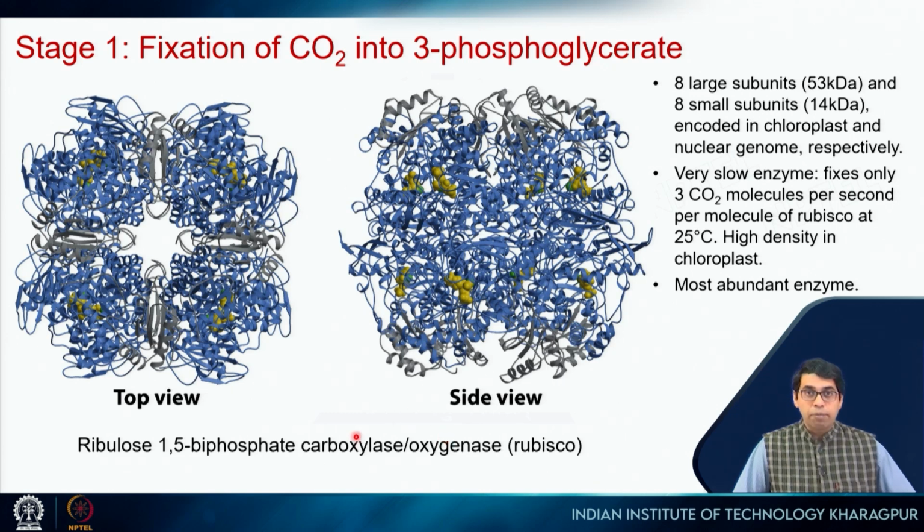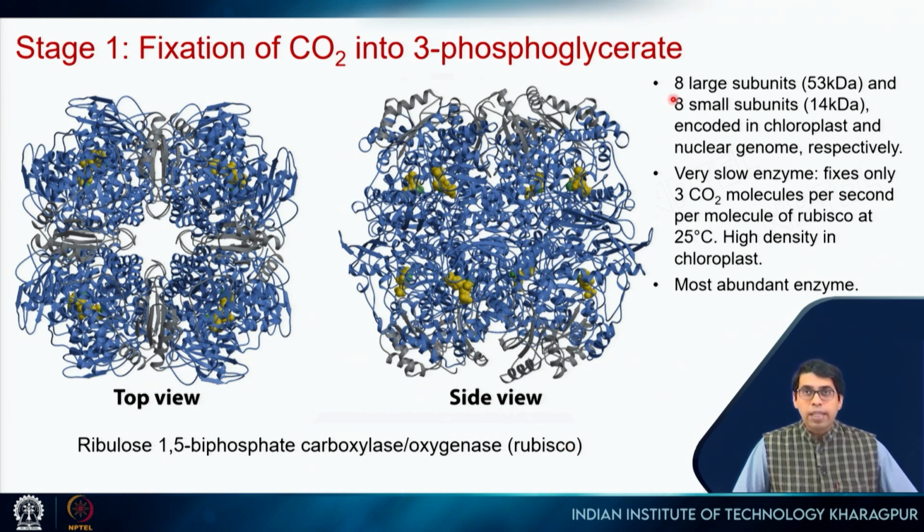So, instead of fixing carbon dioxide, it will fix oxygen. That is why there is a slash here. Either a carbon dioxide is added to ribulose 1,5 bisphosphate or an oxygen molecule is added to it. That is why carboxylase/oxygenase, and this long name of the enzyme is shortened as Rubisco, right. So, this enzyme is also called Rubisco.